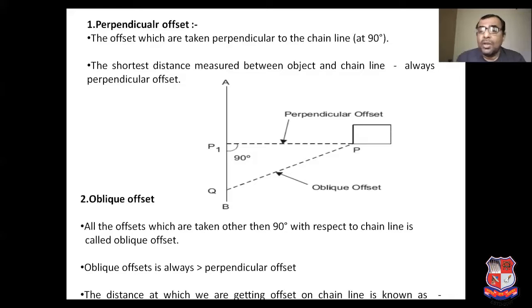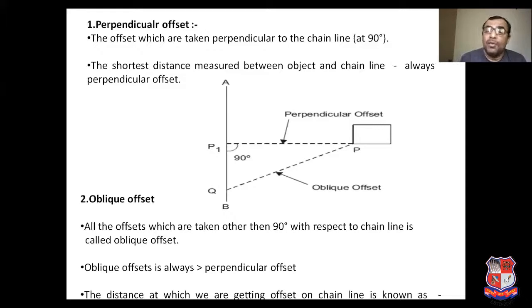Here in the figure you see P1P is our perpendicular offset and QP is our oblique offset, as P1P is measured at 90 degrees with respect to chain line AB and QP is measured at other than 90 degrees with respect to the chain line.